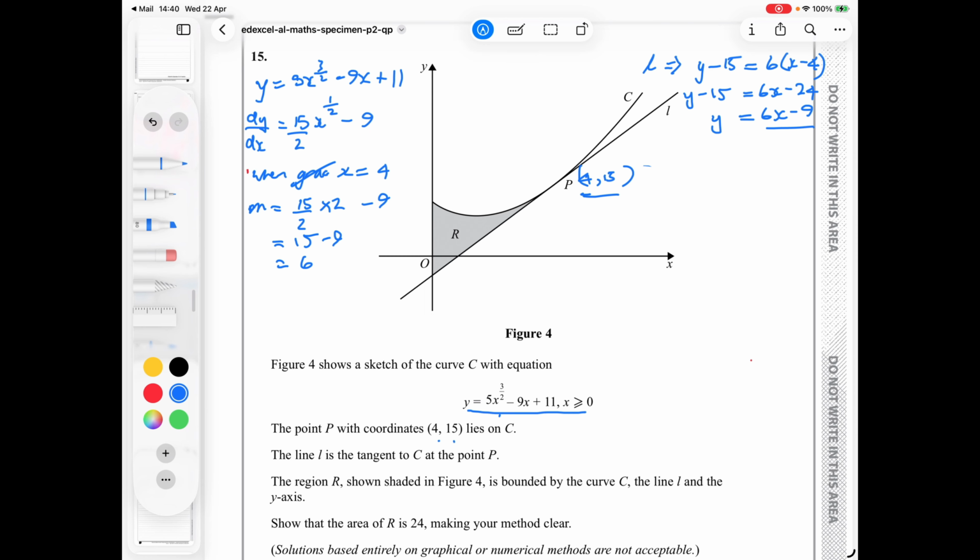So now we need to basically find out between 4 and 0 what this piece of information is.